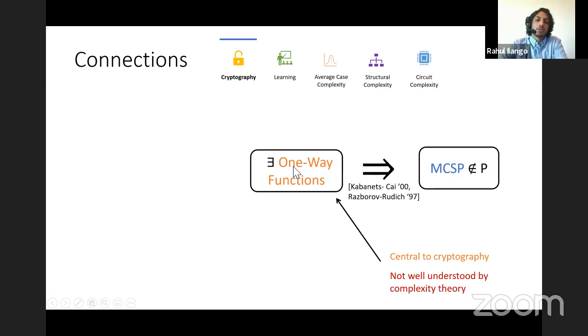The existence of one-way functions implies that things like pseudorandom generators exist. If you squint at a pseudorandom generator, what is it doing? It takes as input some small seed, and it spits out a really large randomish string.